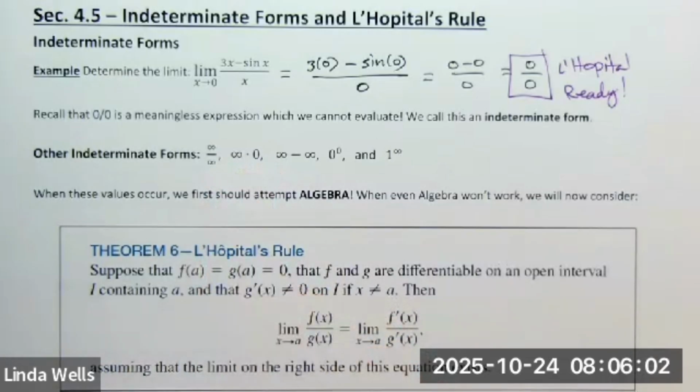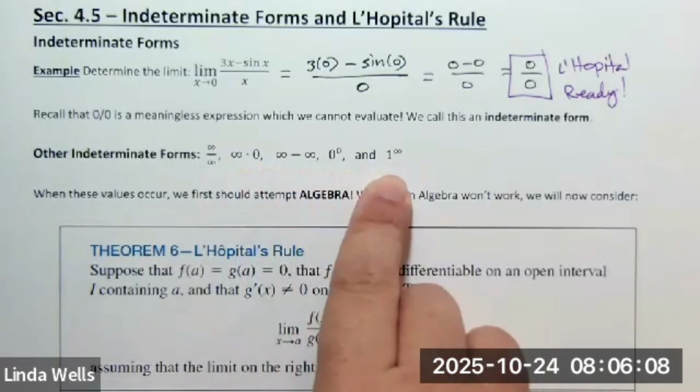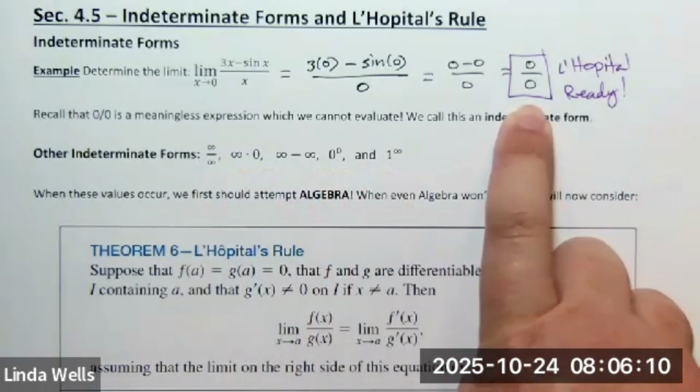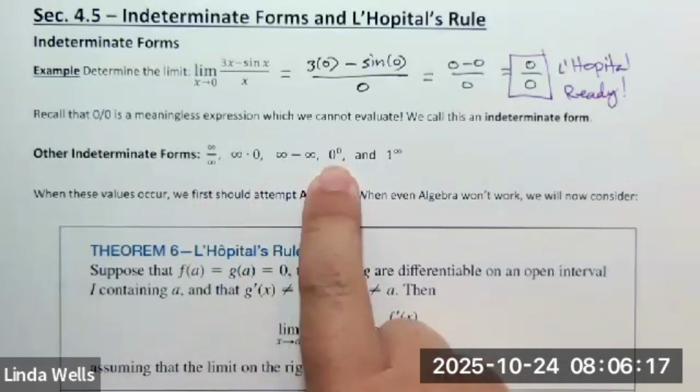To figure out these kinds of things, we are going to use L'Hopital. However, L'Hopital does not apply to any of the rules here. For now, it applies only to 0 over 0, and we're going to find ways to use it for the other indeterminate forms. We've also talked about this one. 0 to a power is 0. 0 squared, 0, right? But what is 0 to the 0 power?